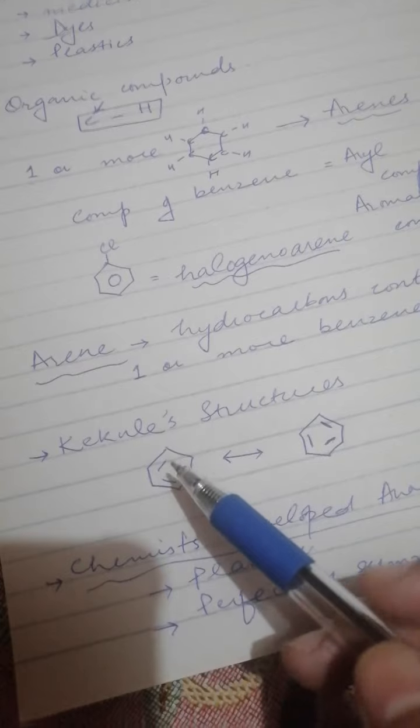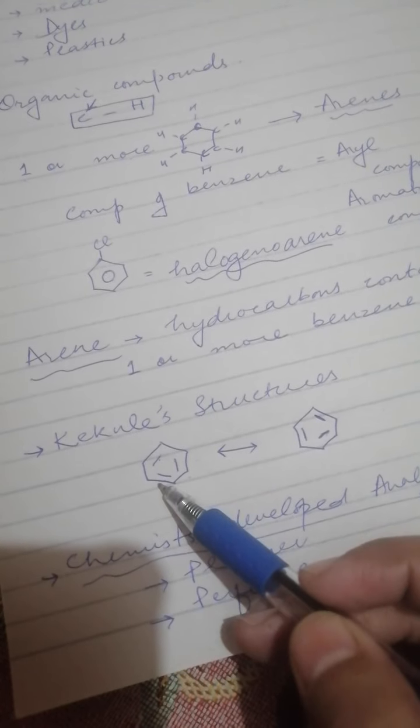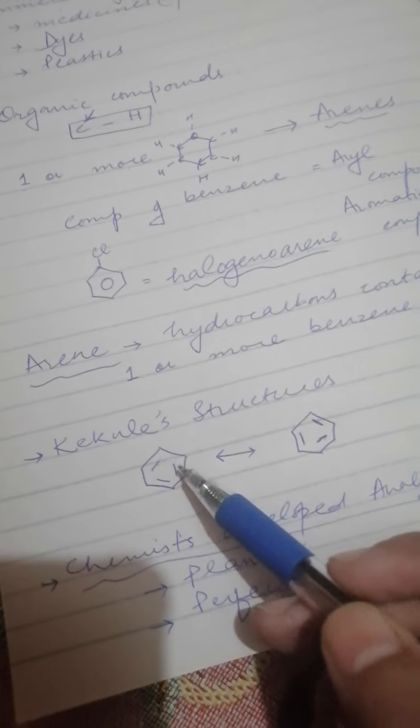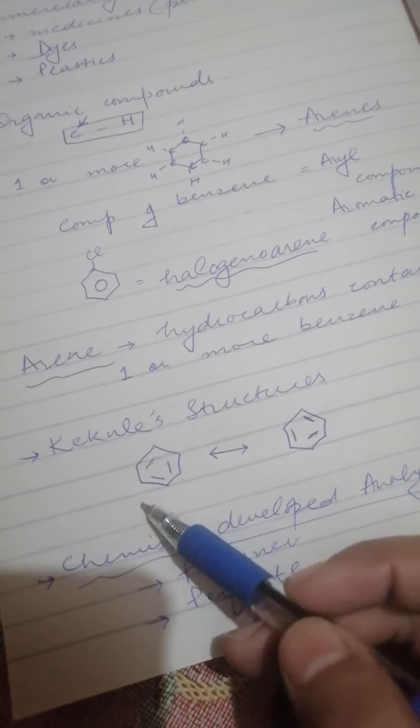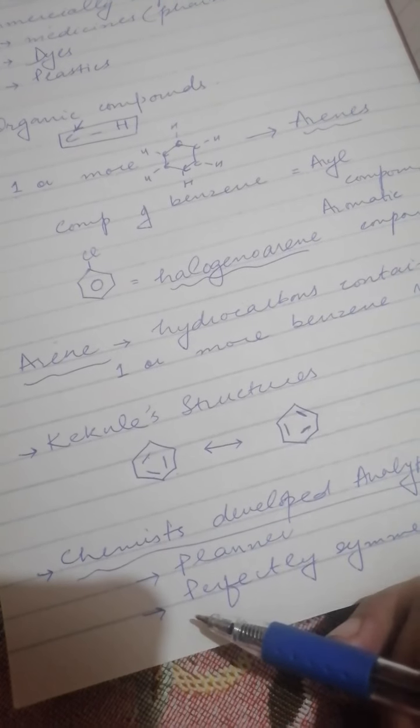So Kekulé's structure suggested three shorter C=C double bonds and three longer C-C single bonds inside the benzene ring.